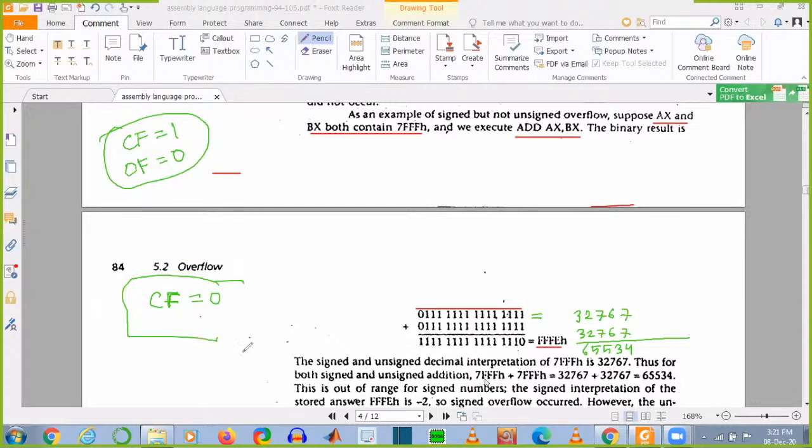Now if I ask you, is there any signed overflow? What will be your answer? Sir, no signed overflow occurs.